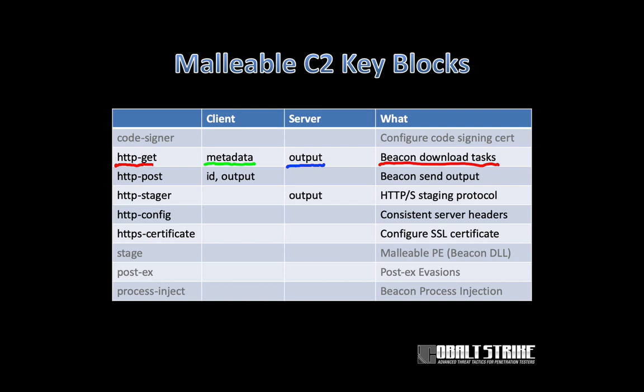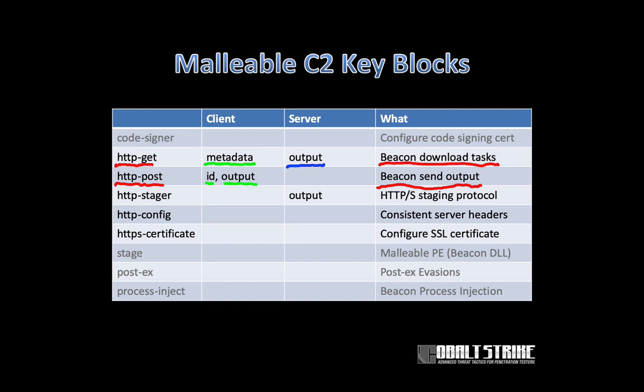The other block I want to speak to is HTTP post. HTTP post, again, controls how Beacon sends output back to its team server. The client side does double duty. It has to have an ID and an output block.